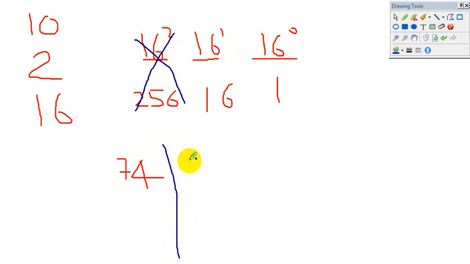So how many 16s go into 74? It's 4, I think. We'll try 4. So let's see what 4 16s are. Oh yeah, so it is 4. So 4 16s is 64. What are we left with? We're left with 10.